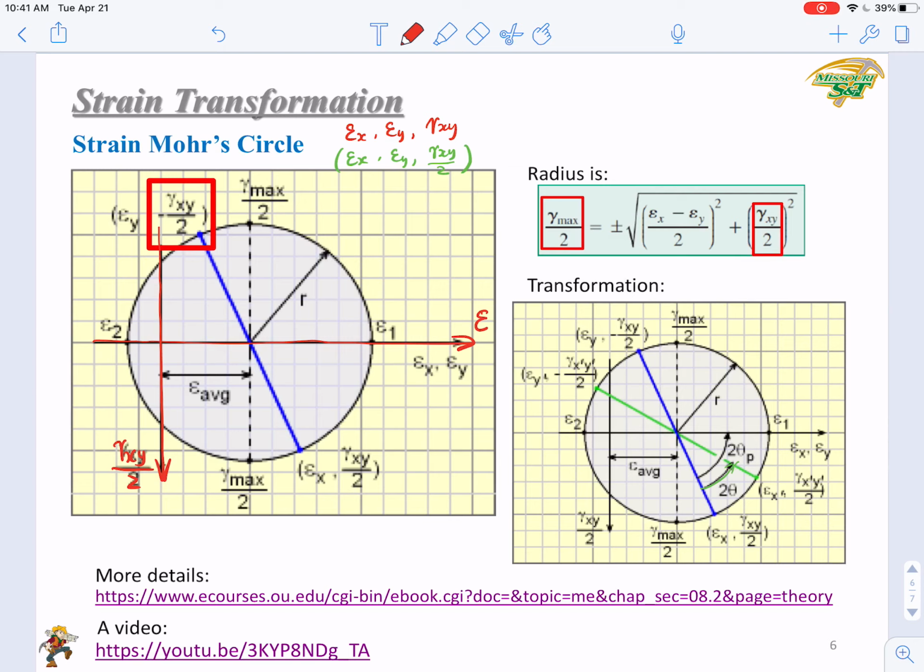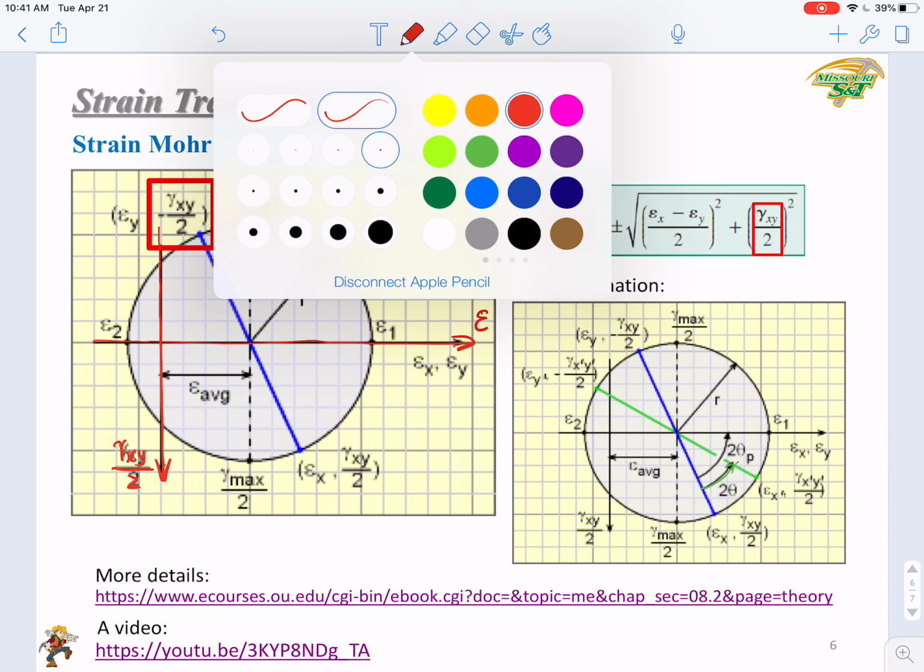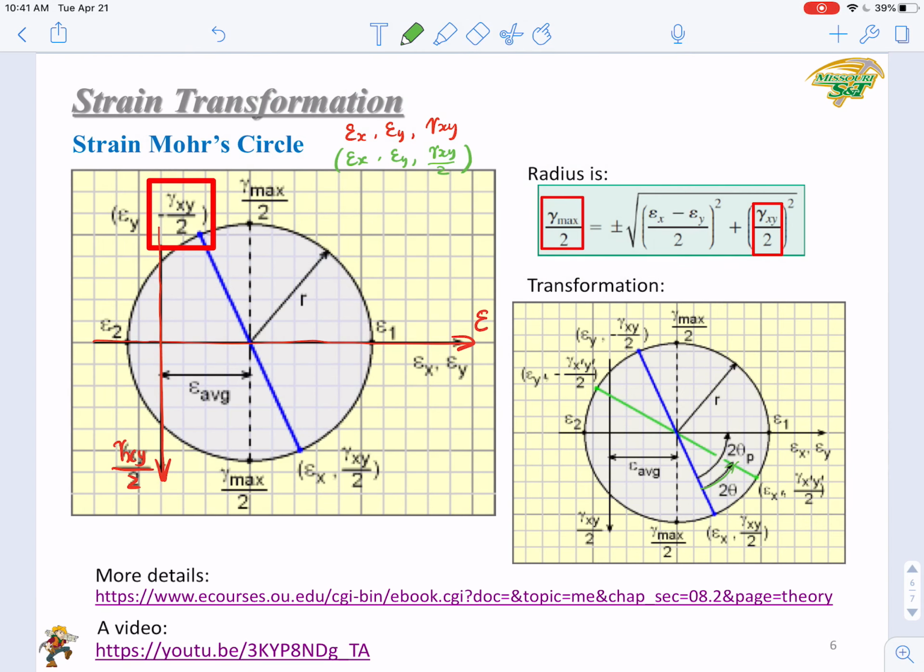After you determine this coordinate system, you will find two points to draw the circle. The first point will be epsilon x, gamma xy over 2. And the second point will be epsilon y, negative gamma xy over 2. Then you connect them using this blue line, and use it as a diameter to draw the Mohr circle.